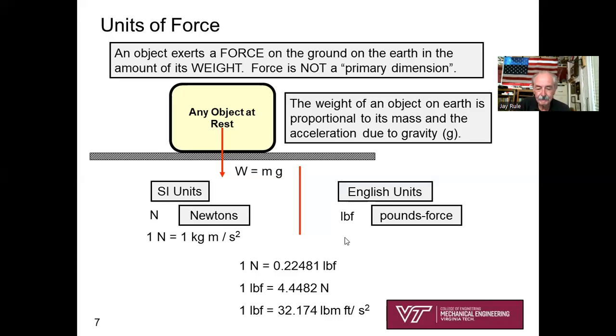In English units, the units of force are pounds force, lbf. That is incredibly important. Not lb, that's mass. In the textbook, you must write out lbf to document that you're looking at a force, not a mass.